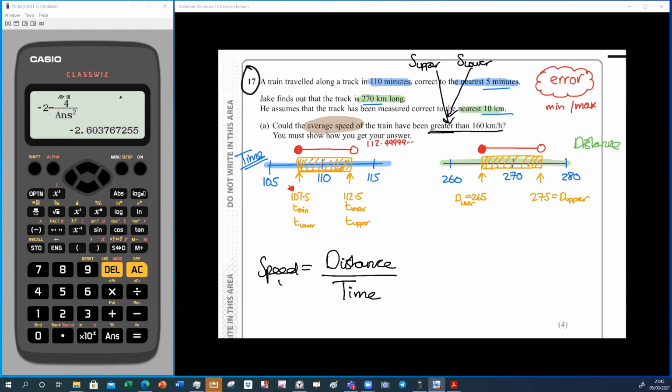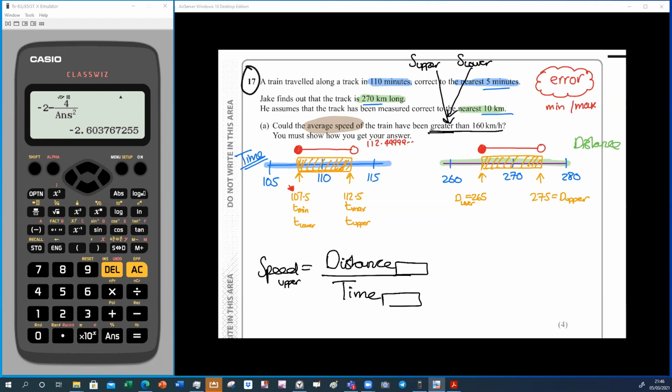They want us to work out the speed. What could have been the maximum? Could it have been more than this number? So they want us to take the speed up as much as possible. Now, if we do a speed upper, tell me what goes into these little boxes. Is it distance upper, distance lower, time upper, time lower? How do I get the maximum speed from a division? Do I make the top number as big as possible or small as possible, and the bottom number?